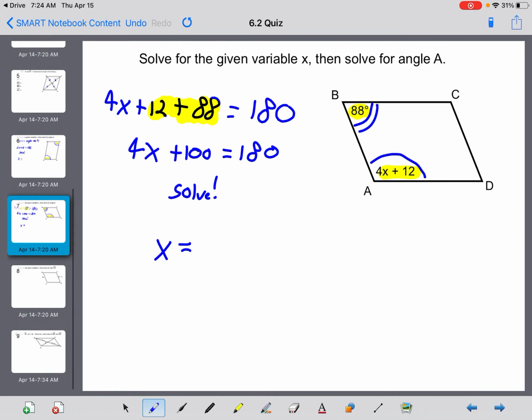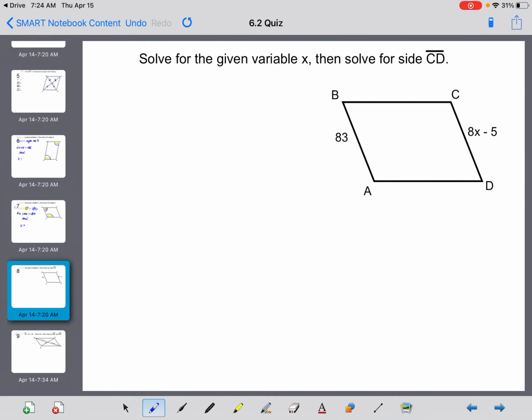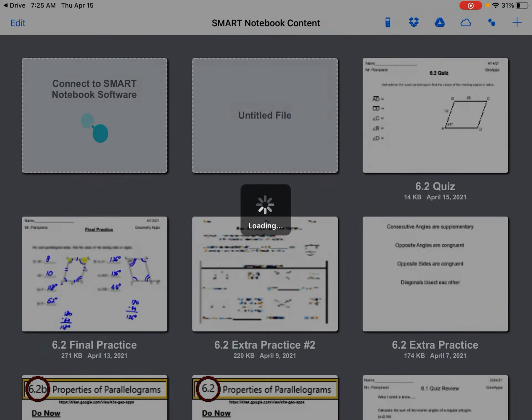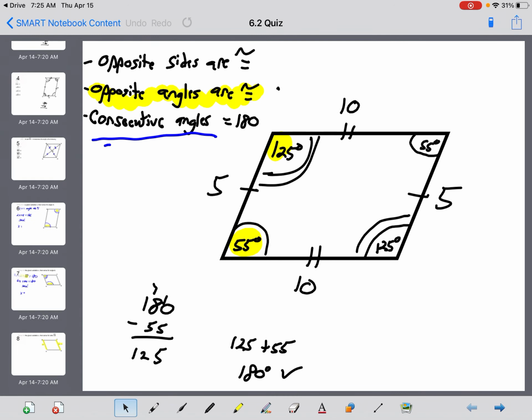X equals what? Okay. This time we have opposite sides, BA and CD. Well, opposite sides are congruent.